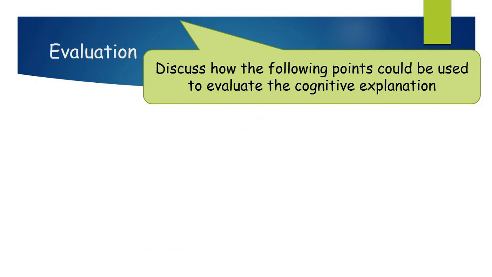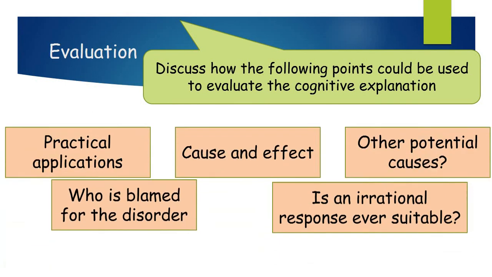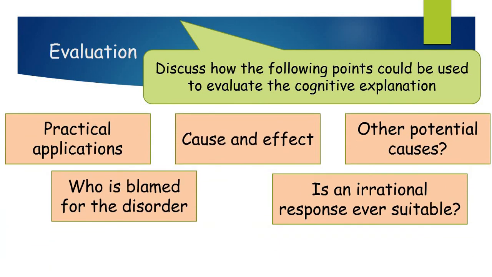Okay, now we are going to look at the evaluation next week, but I thought I would just pop these up and give you something to think about, ready for next week, because we will be evaluating this theory. So there are various strengths and weaknesses around this cognitive theory. You might want to pause the video now and think, where could there be some practical applications?